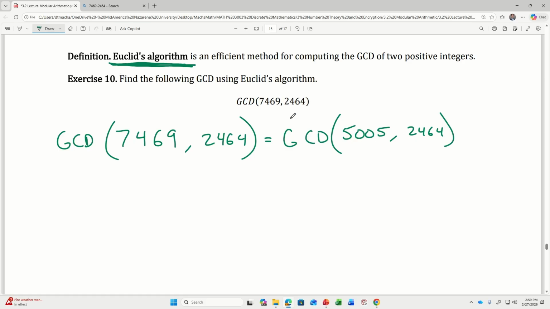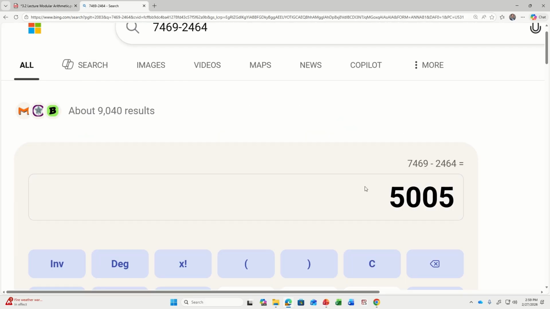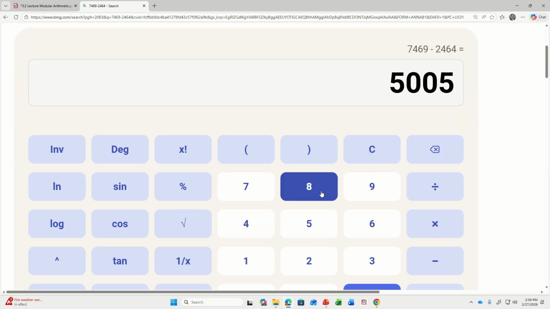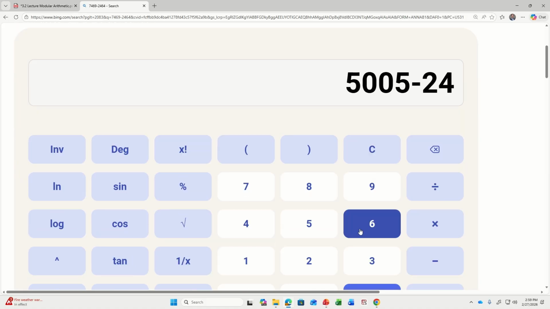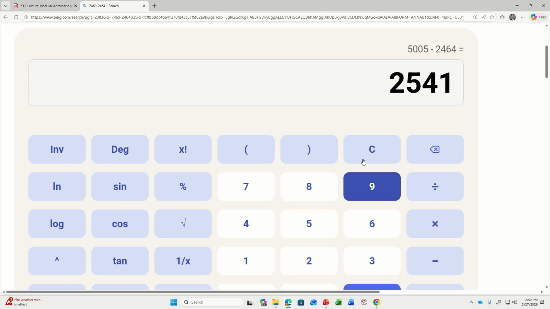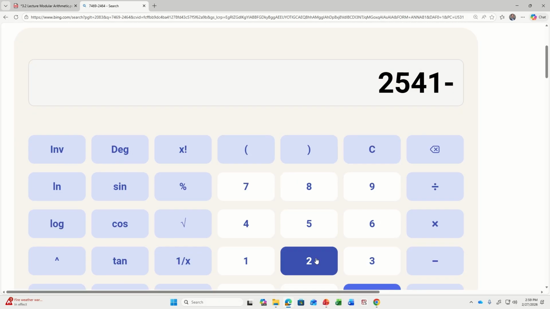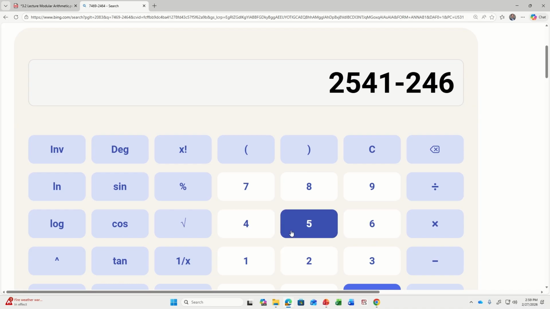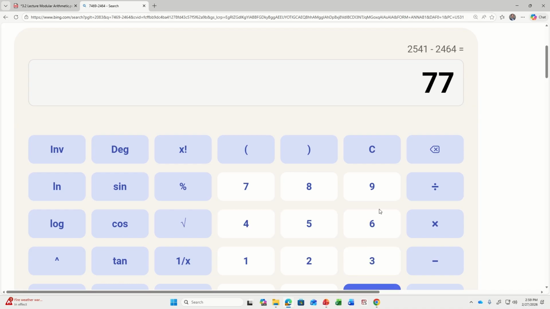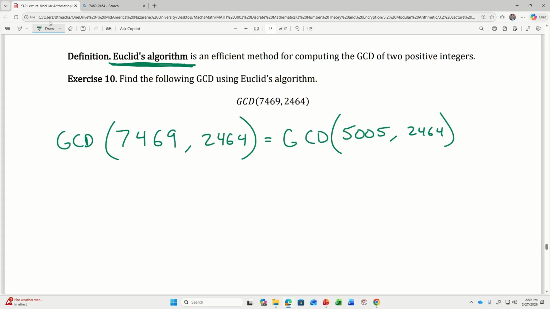And of course, I would take 5,005 and subtract 2,464 again and get 2,541, and that's still the largest number, so I'd subtract 2,464 again, and I would get 77. Now 2,464 is the larger number.